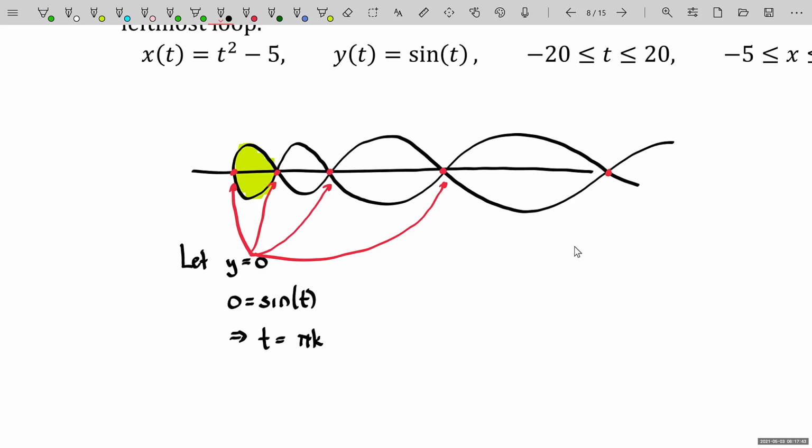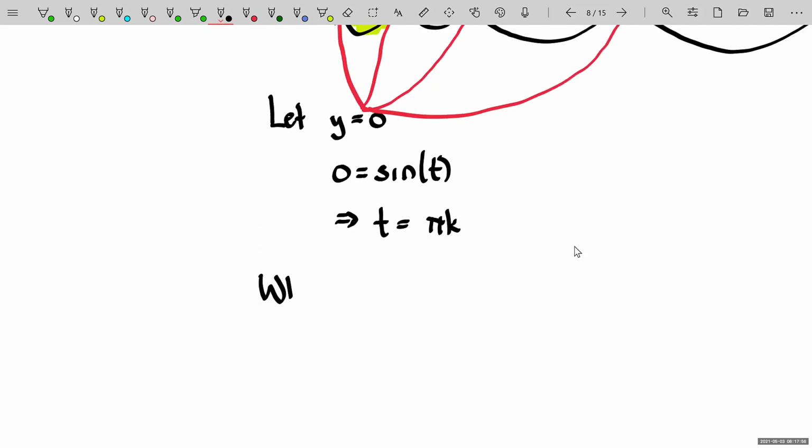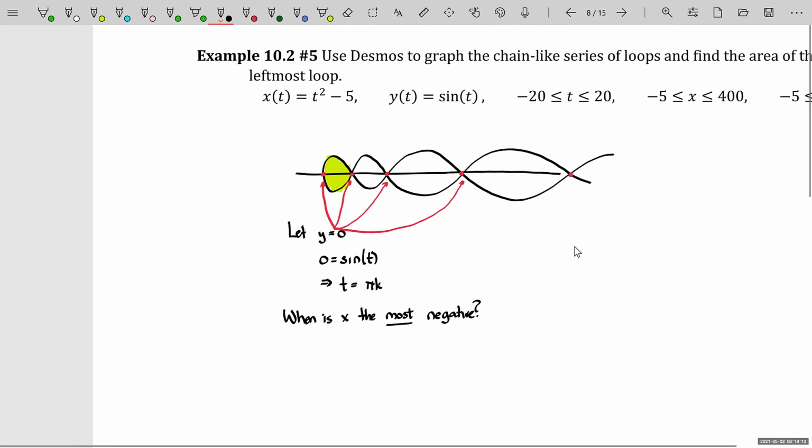Okay. Now that I know that, I'm going to ask myself, well, what's the lowest possible x value, considering that these are my time values? So when is x the most negative? Well, if you think about it, try to plug in any integer multiple of pi.